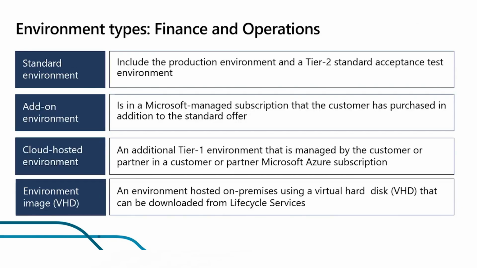Apart from this, there are also different environment types. You must have heard of standard environment, add-on environment, cloud-hosted environments, or VHD. Standard environment includes a production environment and a tier 2 standard acceptance test environment. Your standard licensing includes this. And any additional environment that you require can be bought as an add-on environment.